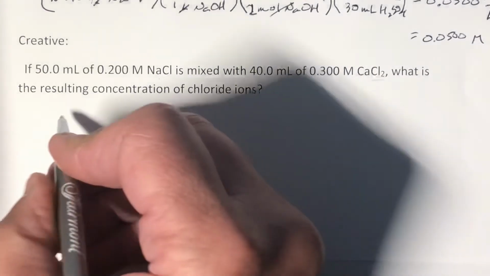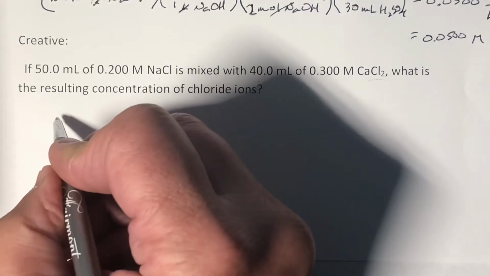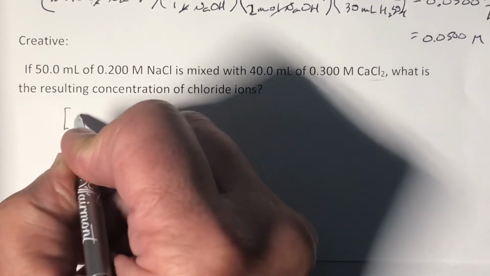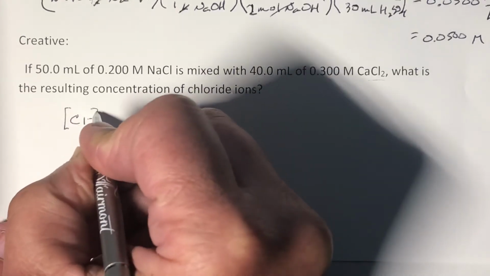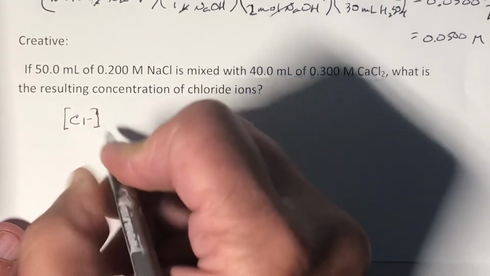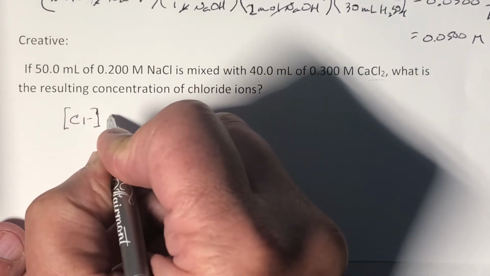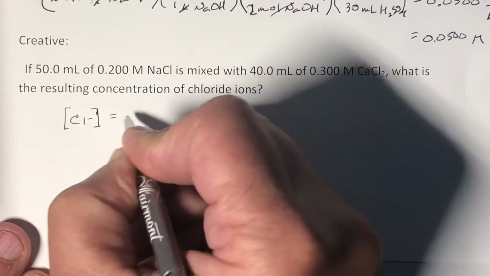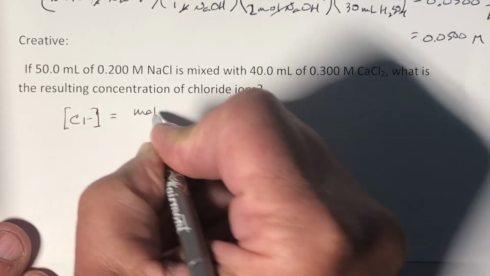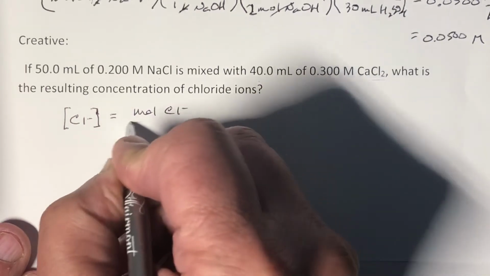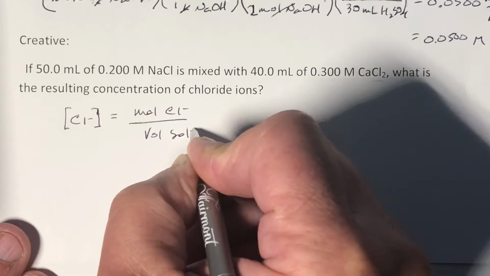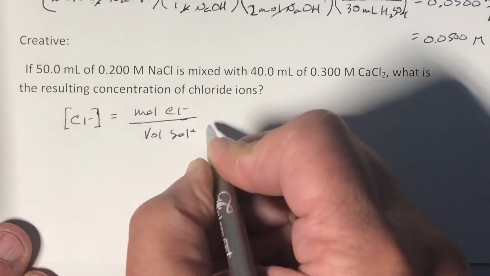Okay, so starting a problem like this off, definitely we want to use a definition, and I think everybody knows this, but we want to write it down so that we're then solving that relationship. So the concentration of chloride is going to be the moles of chloride over the volume of solution. Again, very good idea to write that down.